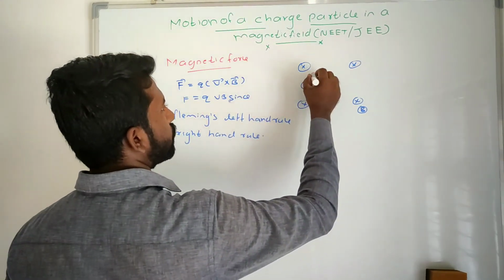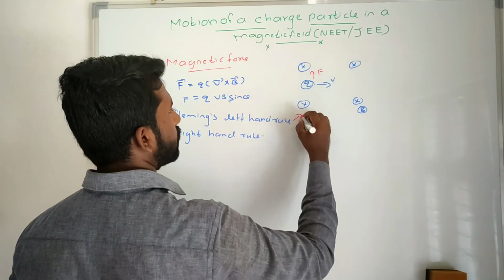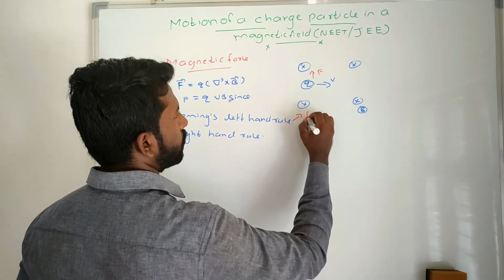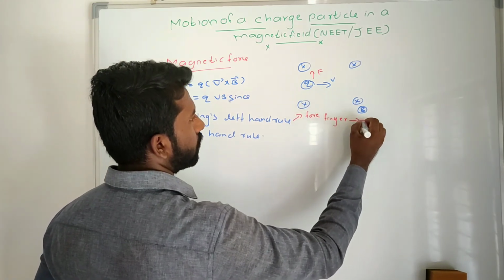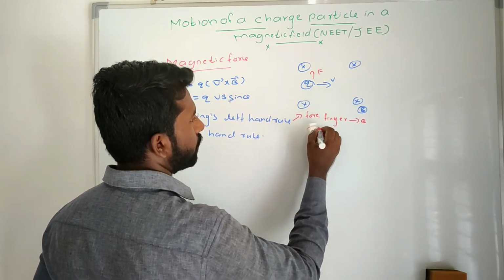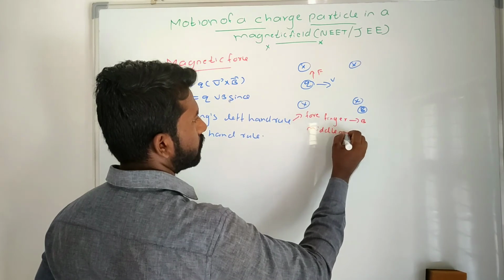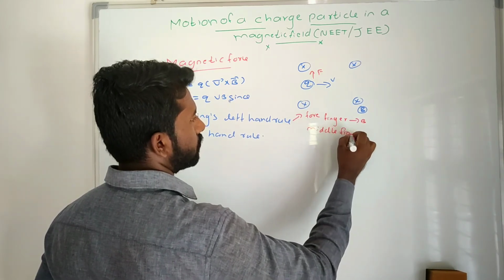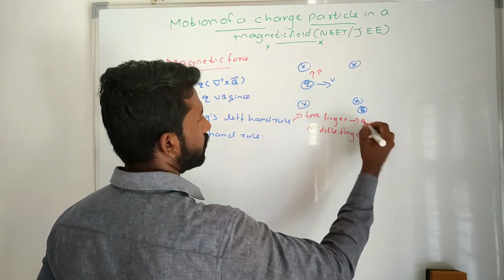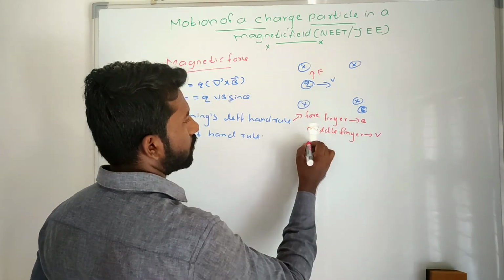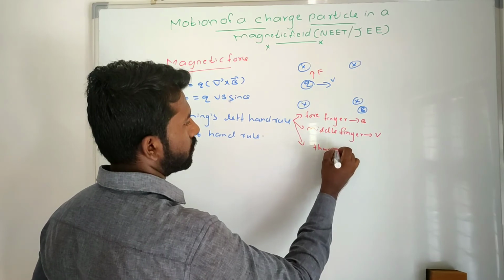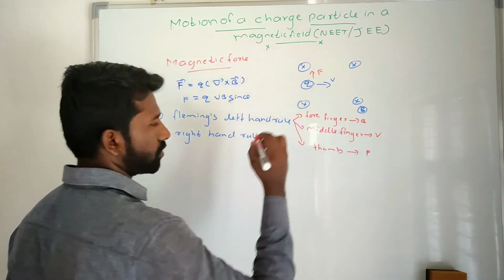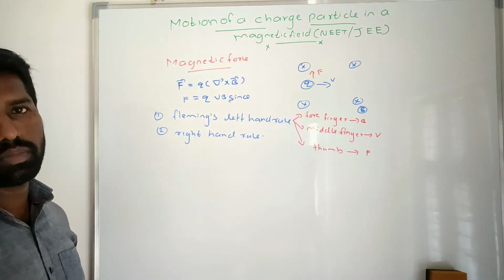This is the force direction. Okay, so forefinger, magnetic field; middle finger, velocity; and the third one is thumb, force direction. Clear? This is Fleming's left hand rule.